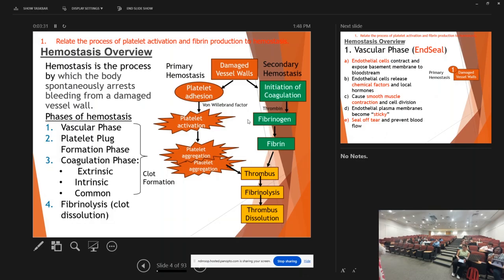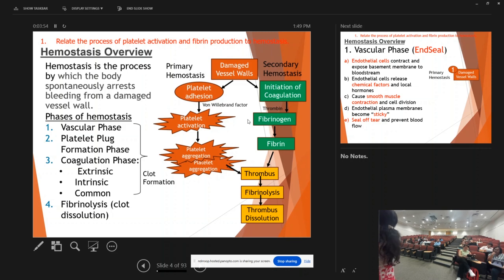Once you have formed the clot, complete healing has not happened yet, because you also need to dissolve the clot. And that dissolving of the clot is the process of fibrinolysis, where you dissolve your thrombus. So that is the complete healing.